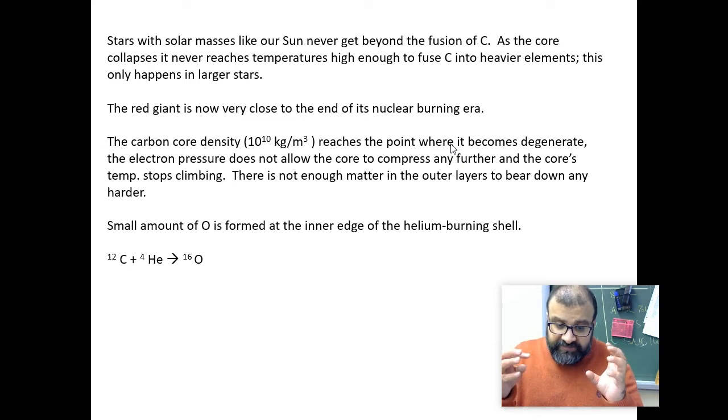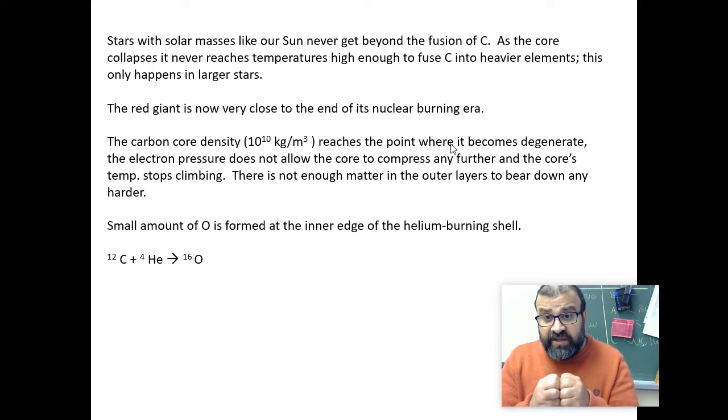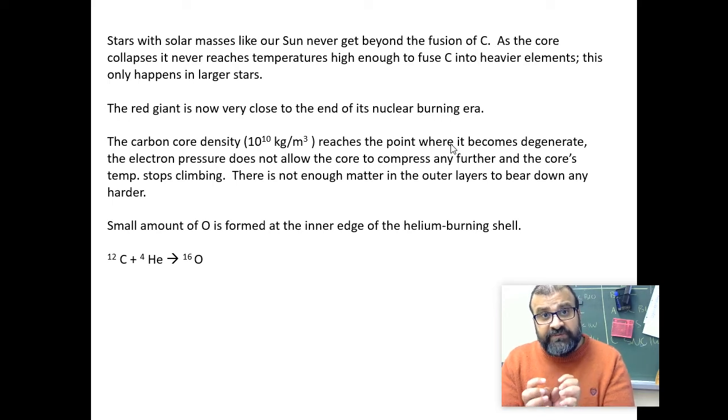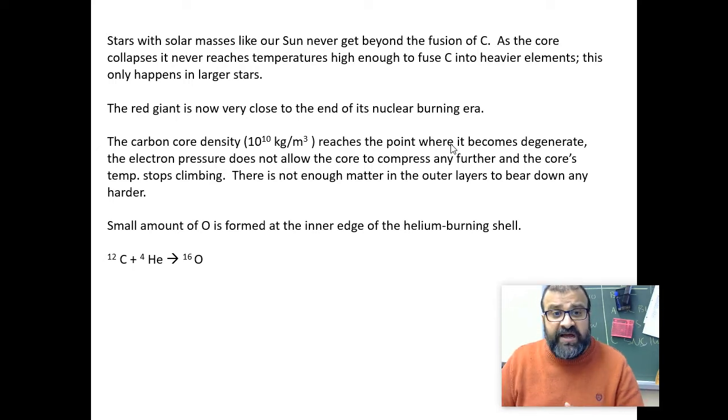The electrons are now repelling each other. They're the same charge. They can't be compressed any further. The gravity's not strong enough to get past the repulsion of the electrons, so we can't squeeze it down any further.